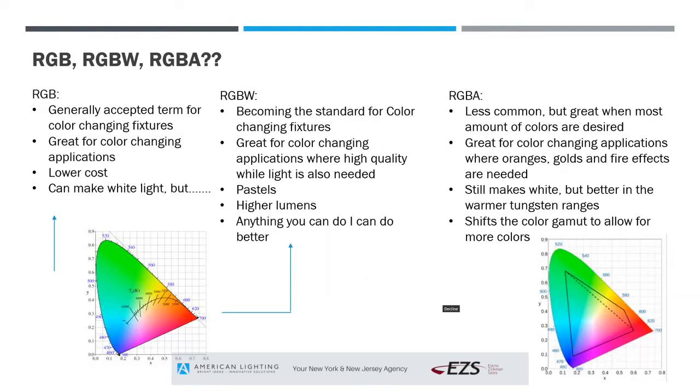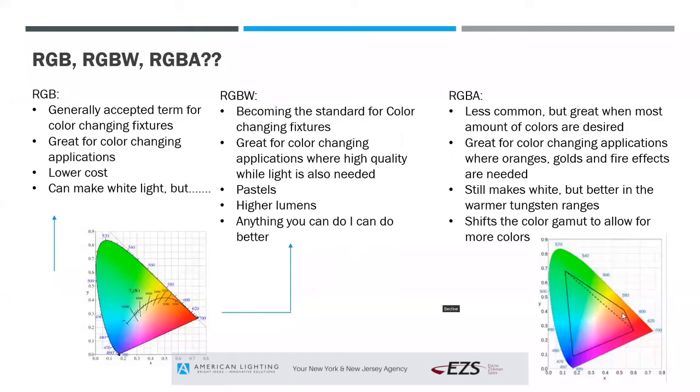Where that's important is where I have things like oranges or I'm trying to do fire effects. Right here in Denver, we have the Denver Broncos and people want to light their building up in orange and blue when the Broncos are playing. It's not as easy to hit orange with an RGB or RGBW fixture as it is with an RGB amber. You can see how that gamut bumps out down there in the corner, in those oranges.